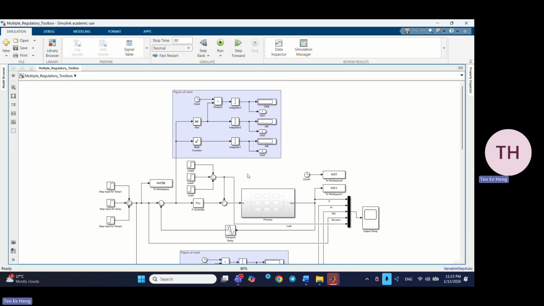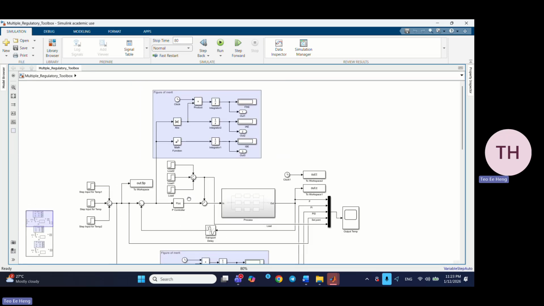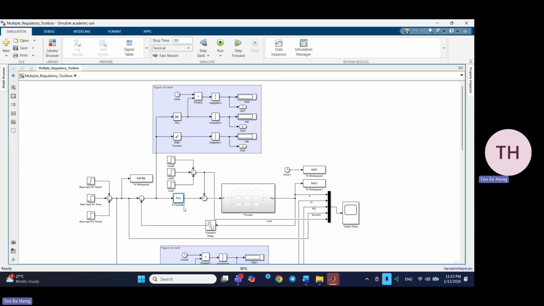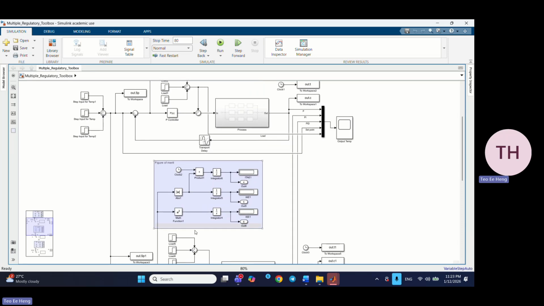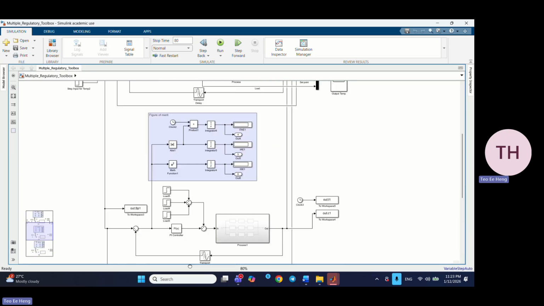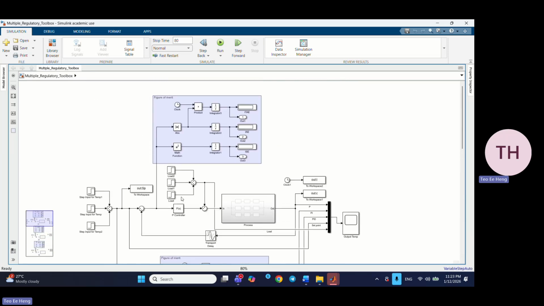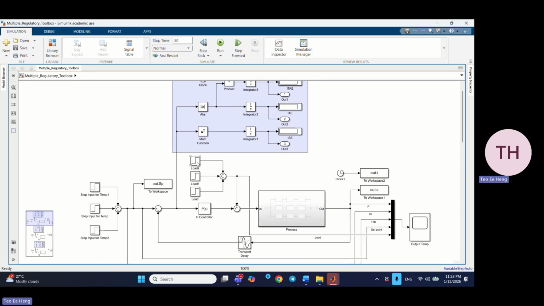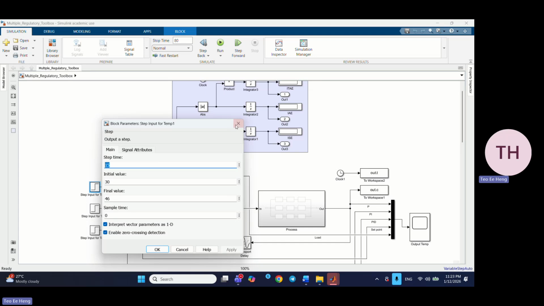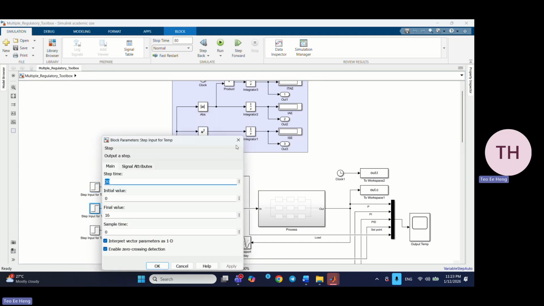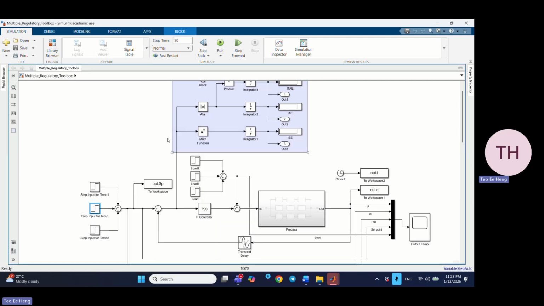For the toolbox one, we just replace the manual controller with the toolbox here, PI and PID. Then the same value of the disturbance load U is set here. For the input, we set the same as the previous one.